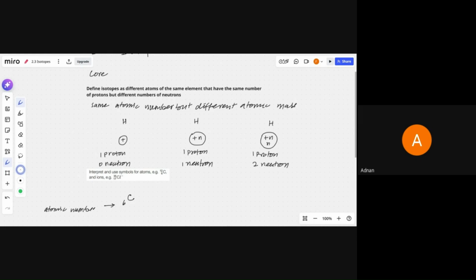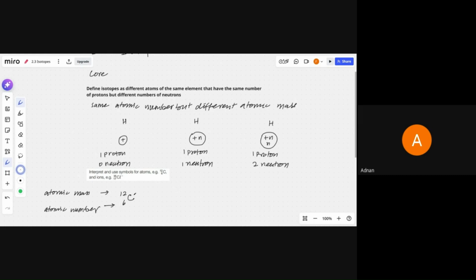And at the top left we write its atomic mass. On the periodic table, it may be written differently, but when you write it on paper, this is how we write it.